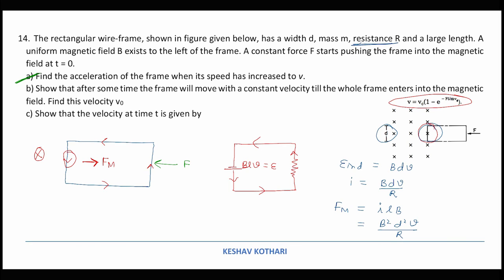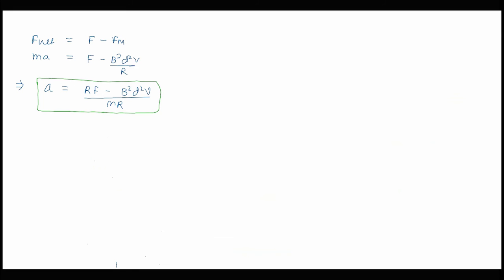Now in the next aspect it is asking to show that after some time the frame will move with a constant velocity till the whole frame enters into the magnetic field. Find this velocity v naught. Now as the entire loop enters the region of magnetic field, the force which is acting on the loop will become zero and the net force will be zero as the force will cease to act.